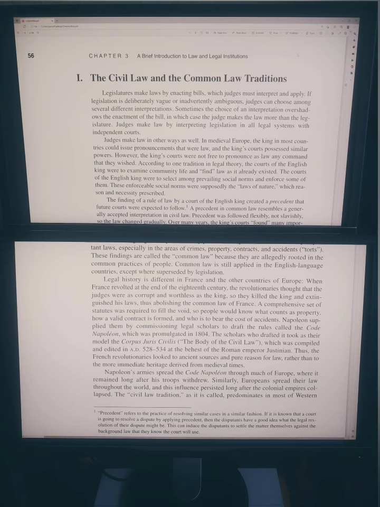For example, Japan, which was never colonized, voluntarily adopted a code that draws heavily on the German civil code while yet remaining distinctively Japanese.